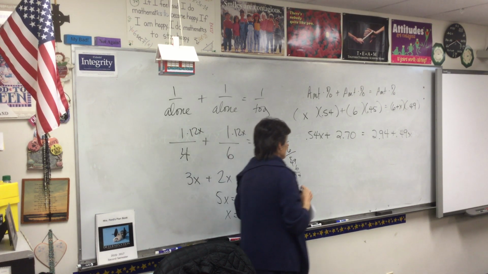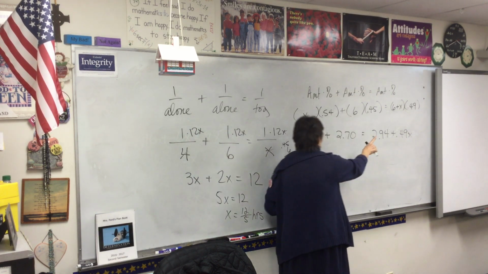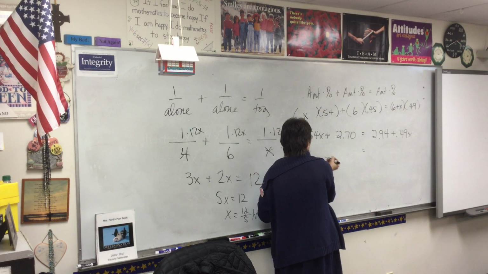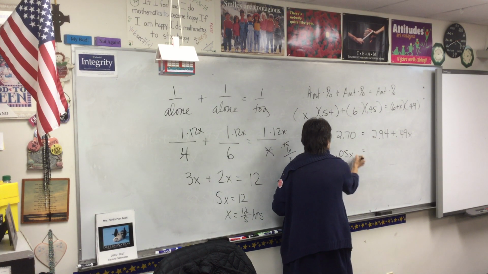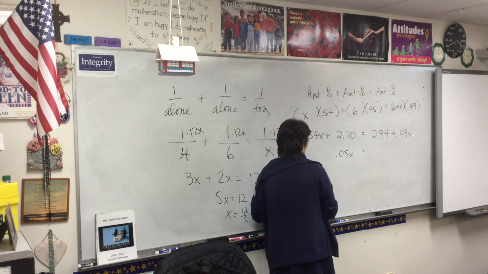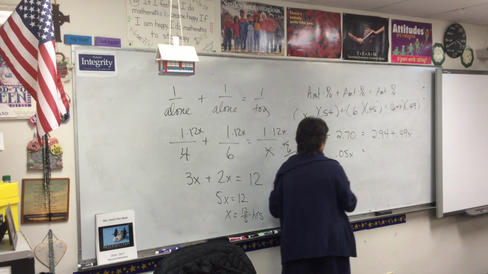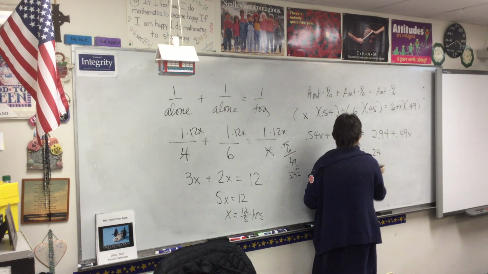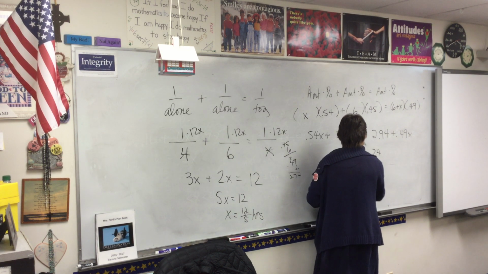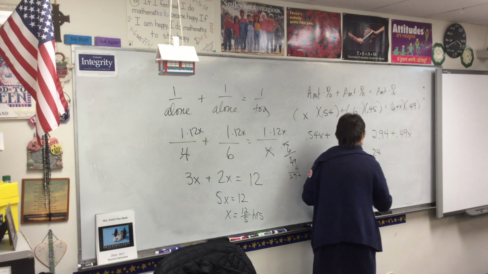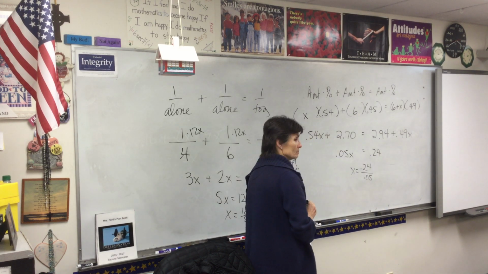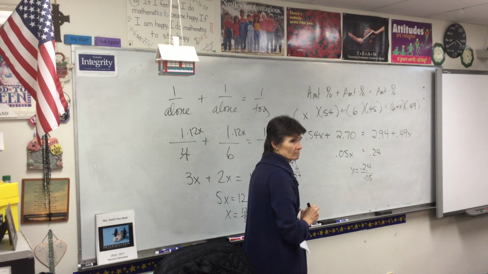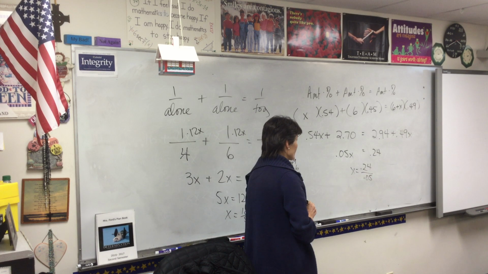Be careful with your decimal points. When we subtract 49 over here, we actually get 0.05. And we subtract 270, we actually get 0.24. Right?